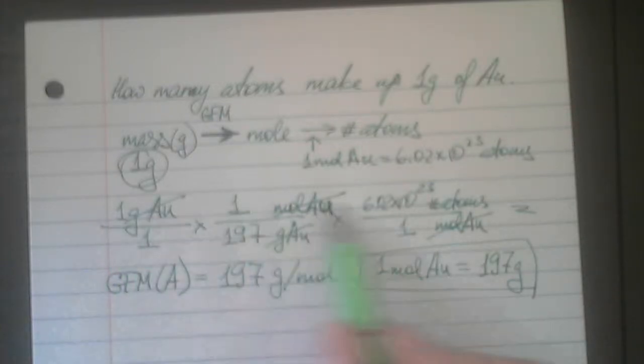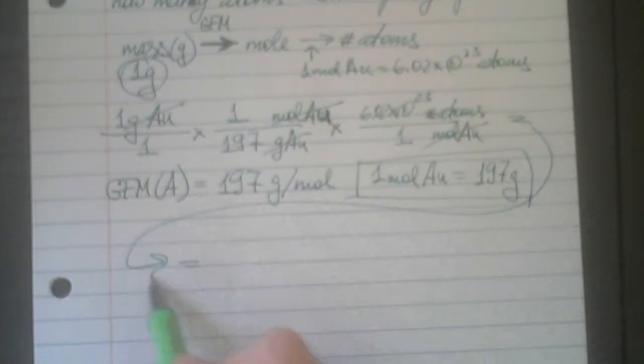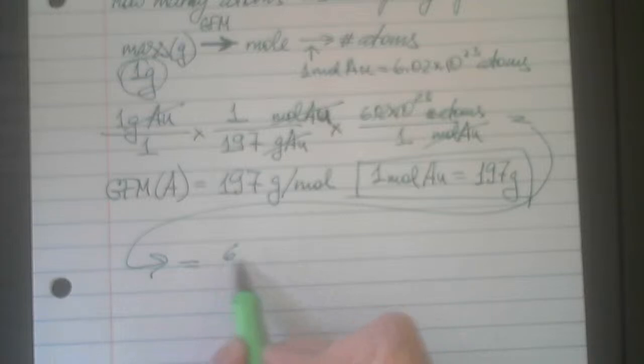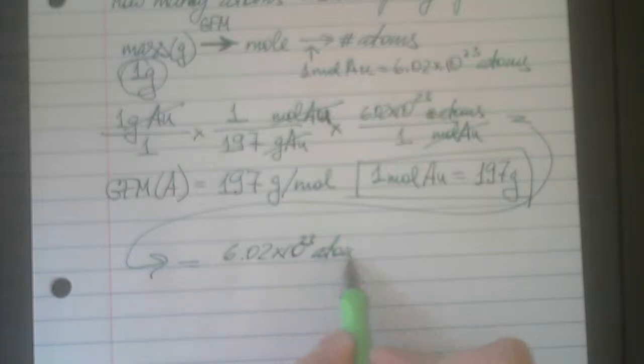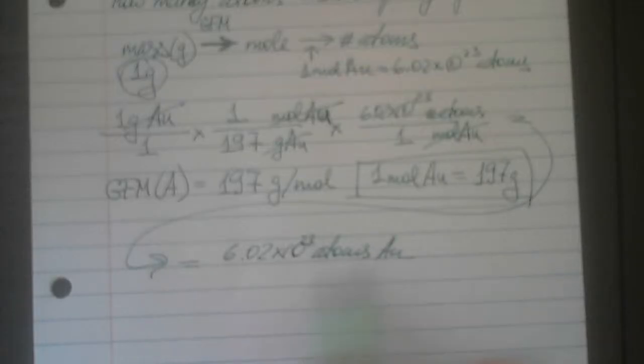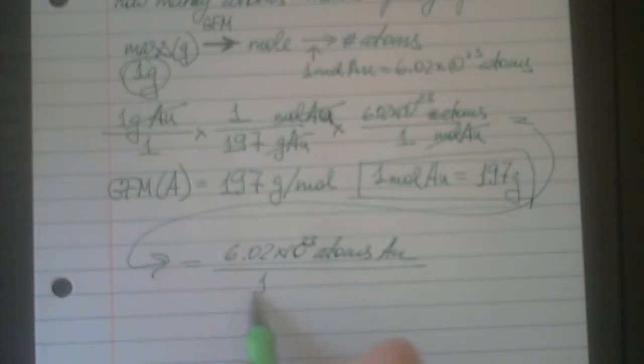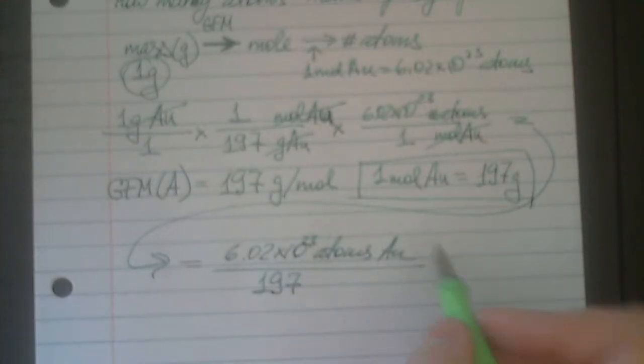So we'll multiply all the numerators, the product of all numerators for this equation, which will be 6.02 times 10 to the power of 23 atoms of gold, divided by, we'll multiply all the denominators, 197.